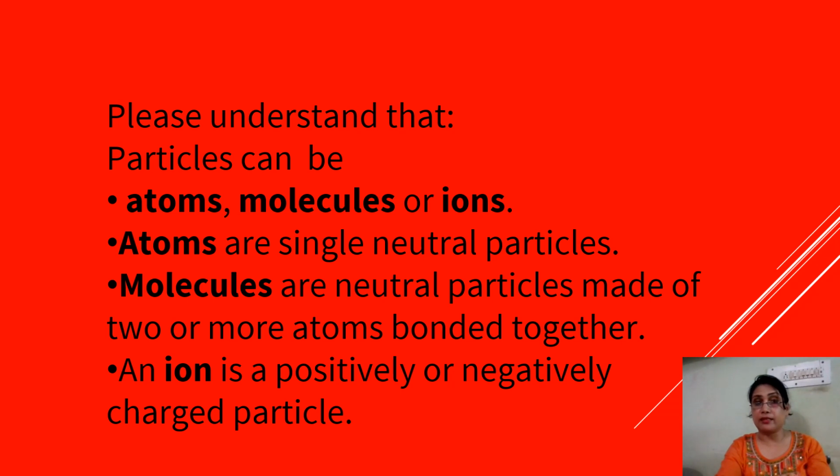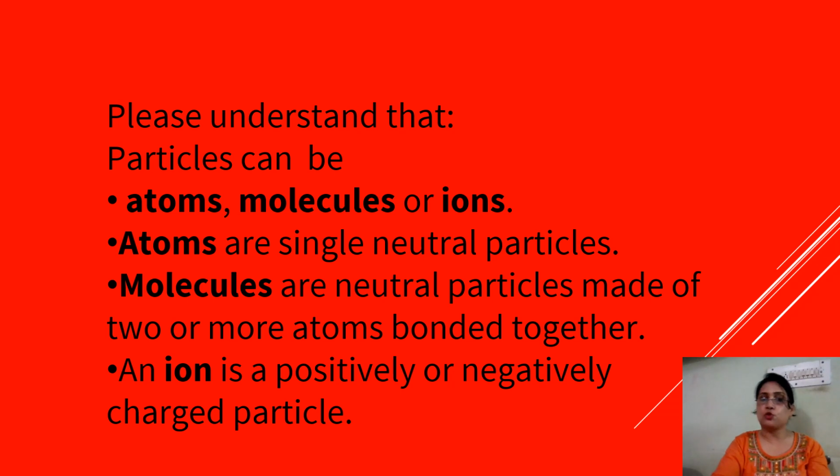Now, please understand this, particles can be atoms, molecules, or ions. Atoms are single neutral particles. Now, what do you understand by neutral? Neutral means which doesn't have any charge. It doesn't have positive or negative charges.